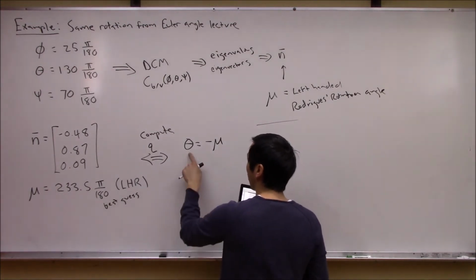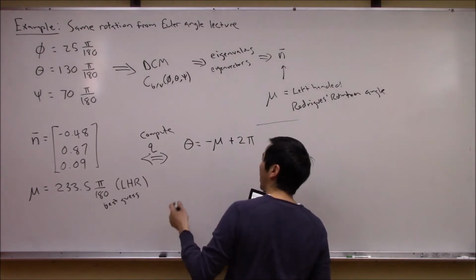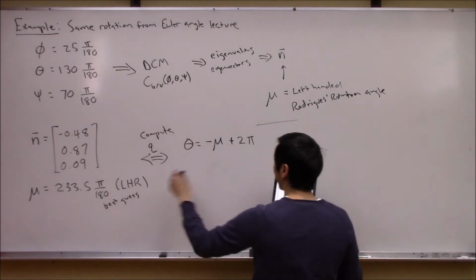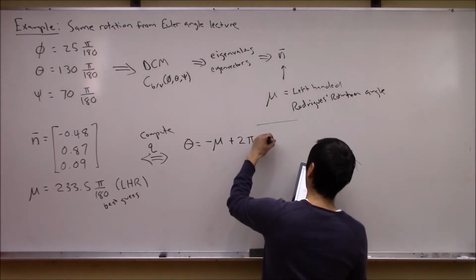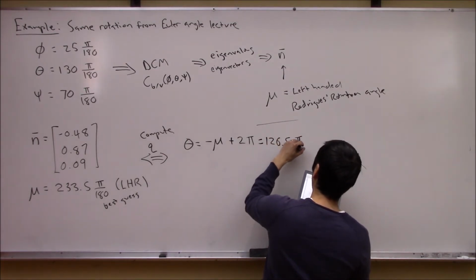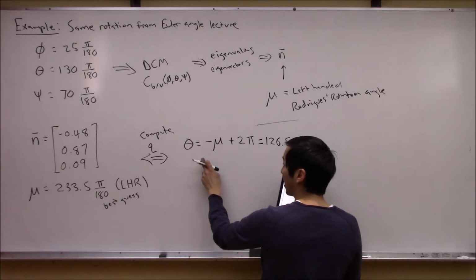Furthermore, I want this number to be positive just for convention, so I can add 2 pi. Just adding multiples of 2 pi doesn't really change the angle. If you do this numerically, it comes out to be exactly 126.5 degrees, and I'll store this in radians. Okay, great, that is theta.